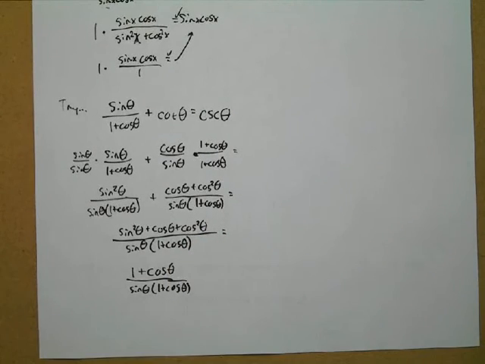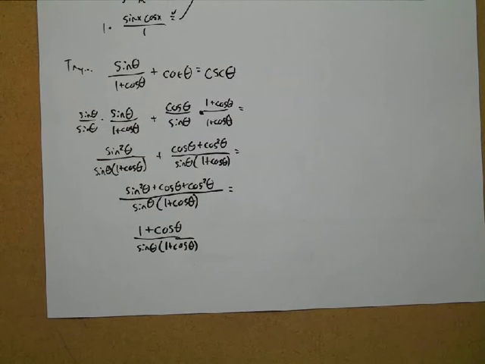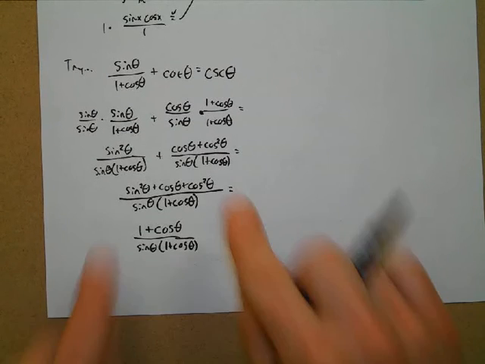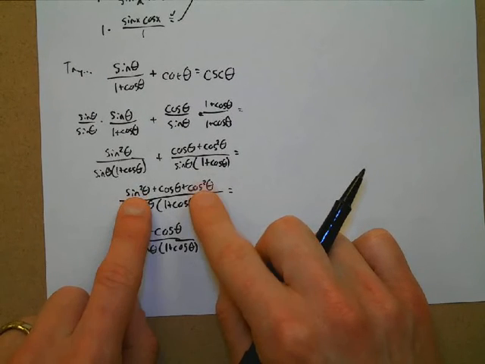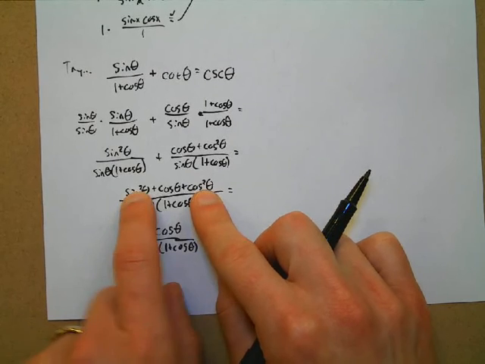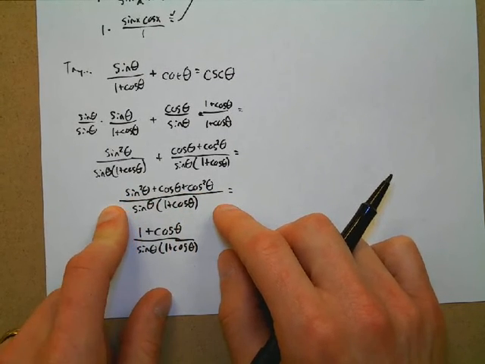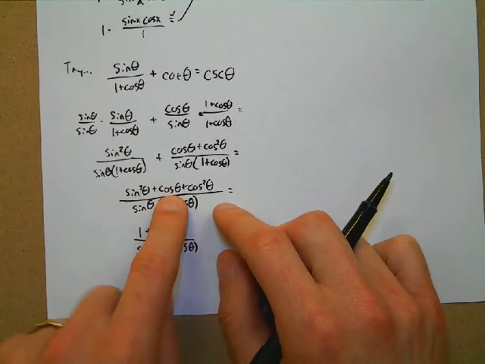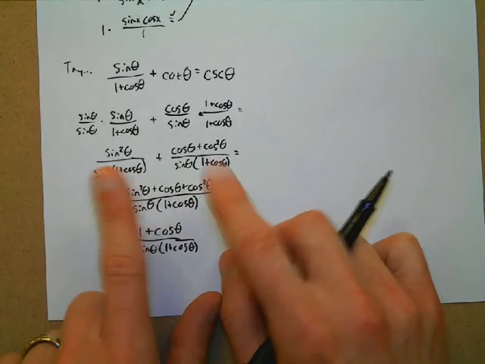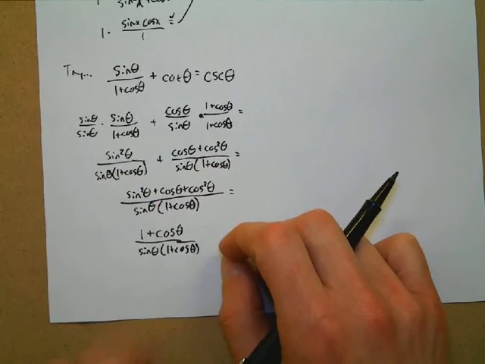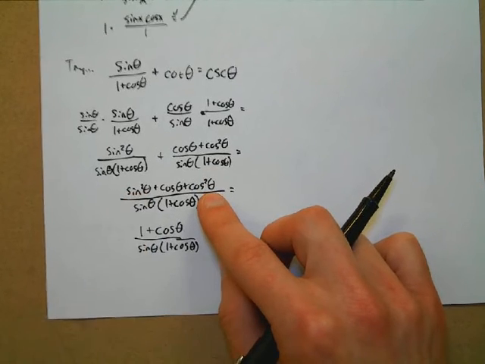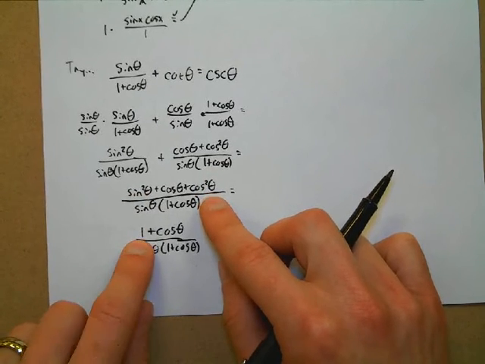Okay. Now, why is this significant? This 1 plus cosine theta is the entire quantity in the numerator, and then we can divide that and cancel it out with the 1 plus cosine theta in the denominator there. Again, the idea is we could rewrite this thing that we had here as 1 over sine theta times 1 plus cosine theta over 1 plus cosine theta, right?